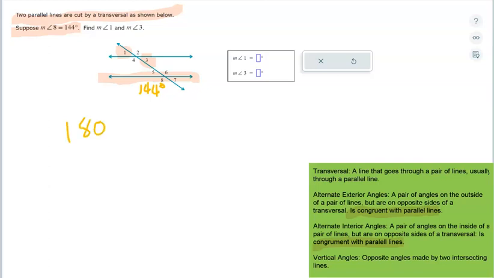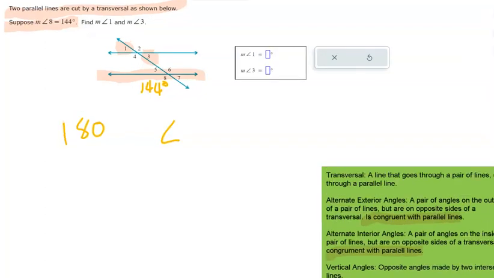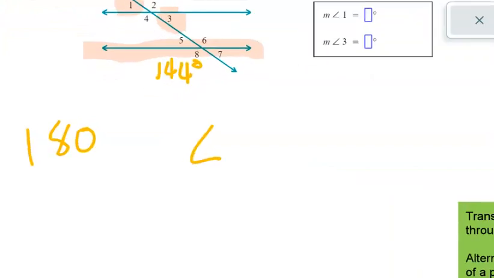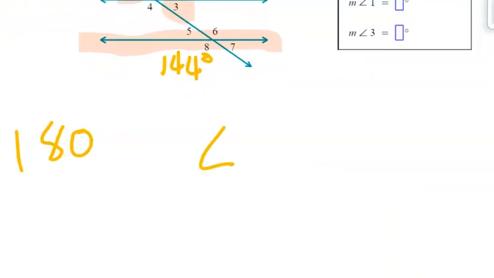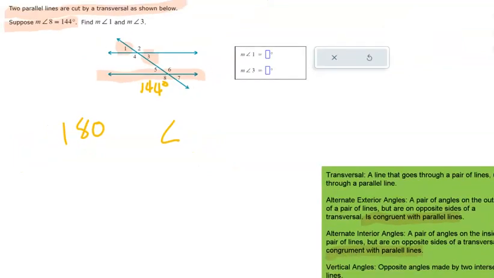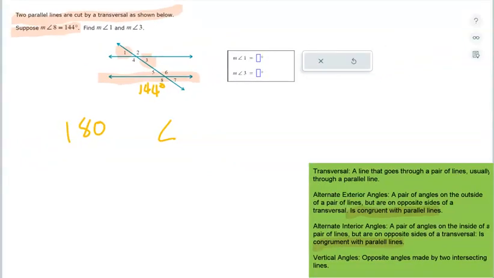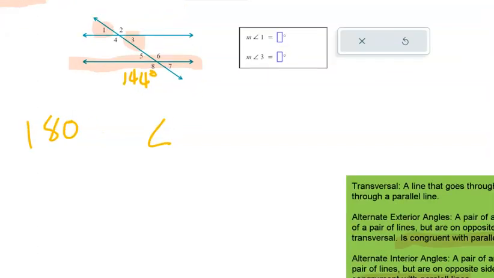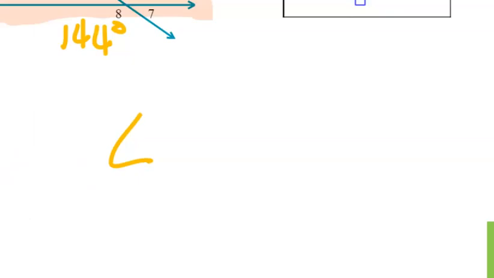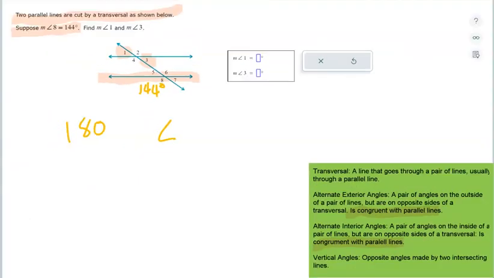So what that means is angle 8 and angle 7 equal 180.